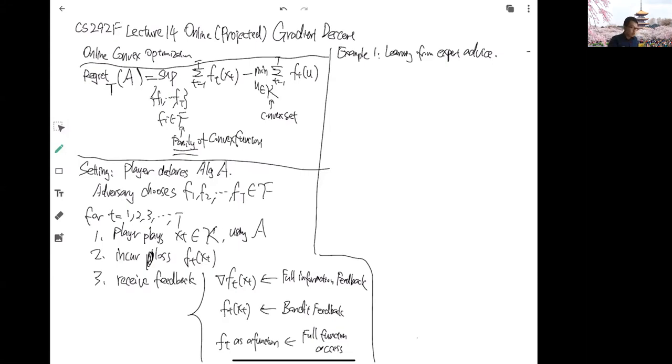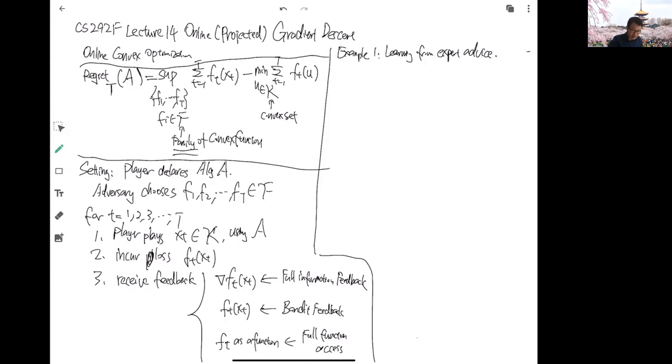Okay, so the way we can frame this problem in the online convex optimization setting is to instantiate what these f_t are, what this convex set K is, what the sequence of functions is, and also your choices of which expert to take. Let's say K is the convex set.